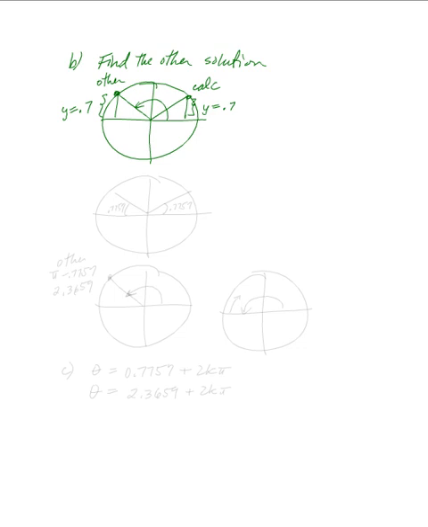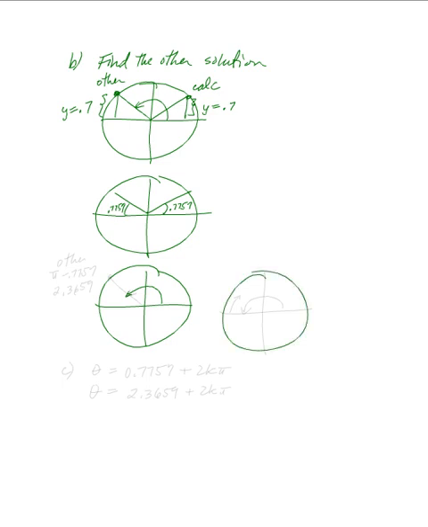Now, to actually find out what this other solution is, remember that if this is 0.7757, then this is also 0.7757. So if I want to know what this is right here, I can think of it as going over here to pi and then back up 0.7757.